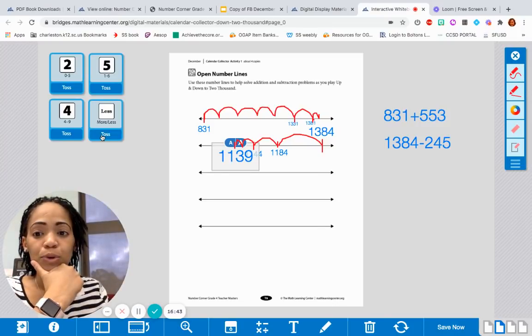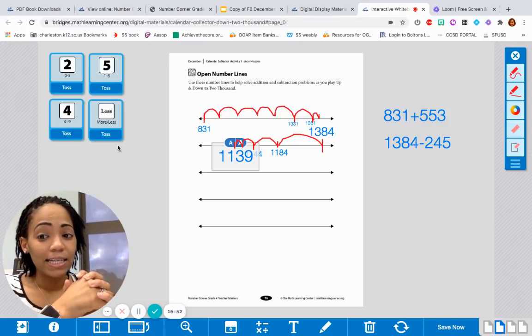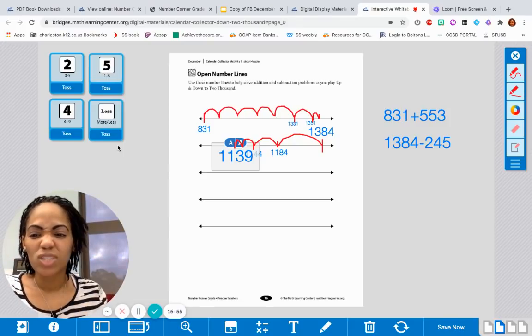We're tossing for more or for less. Looks like we have less again, and we're getting our digits.